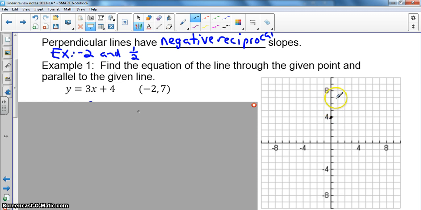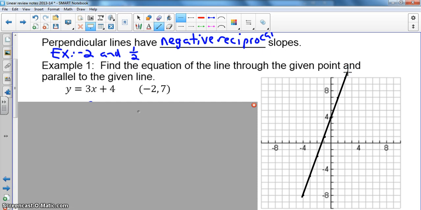We go up 3 over 1, up 3 over 1, down 3 left 1, down 3 left 1. Alright, so there's our original line, and as you can see, -2, 7 is down here, and our line does not go through there.